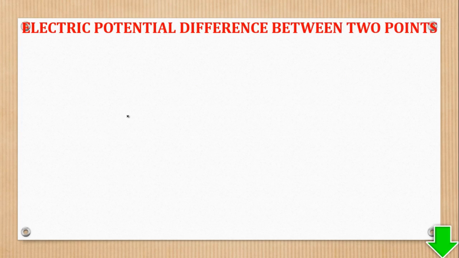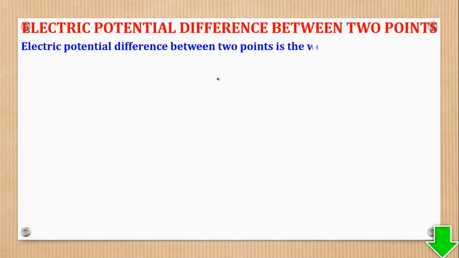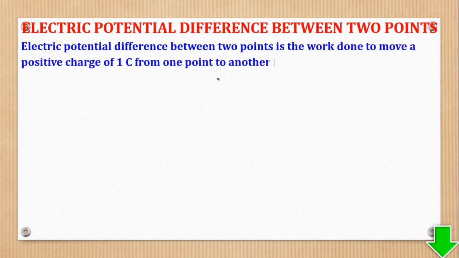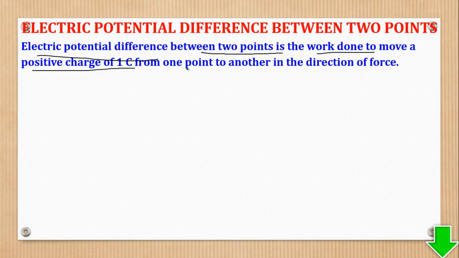So that was the electric potential, but there's also another formula for electric potential difference between 2 points. So we have seen electric potential and electric potential energy. What about electric potential difference? Electric potential difference between 2 point charges is the work done to move a positive charge of 1 coulomb from one point to another in the direction of force. Now here they are using the words in the direction of force.